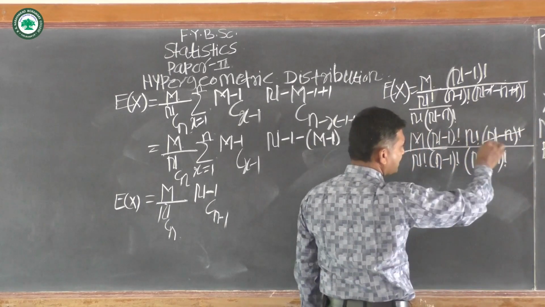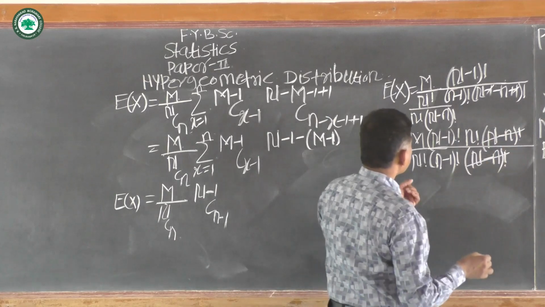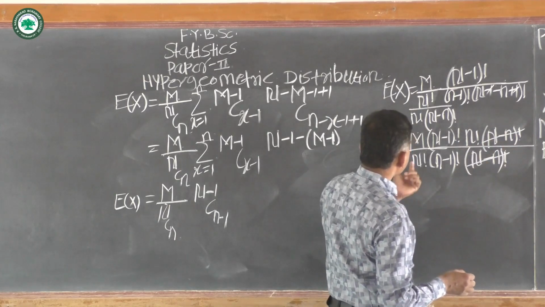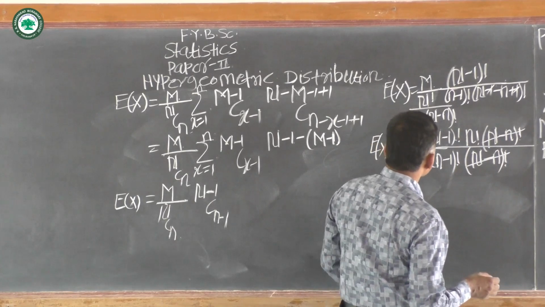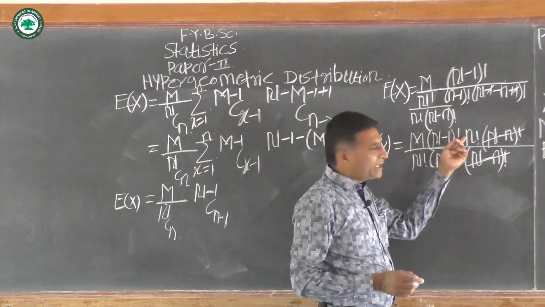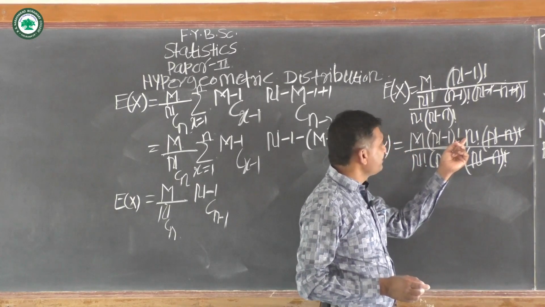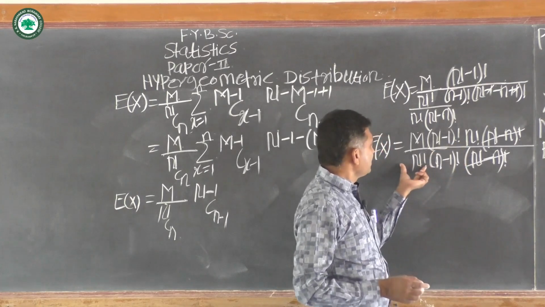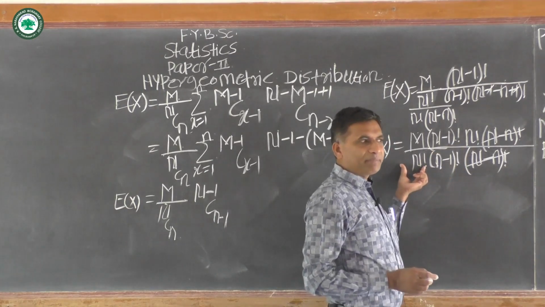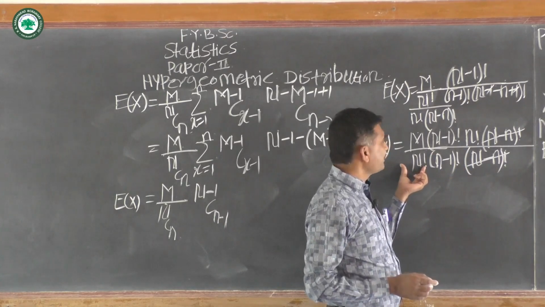Now these two terms get cancelled. Then this small n factorial can be written as n into (n minus 1) factorial, and this capital N factorial can also be written as N into (N minus 1) factorial.